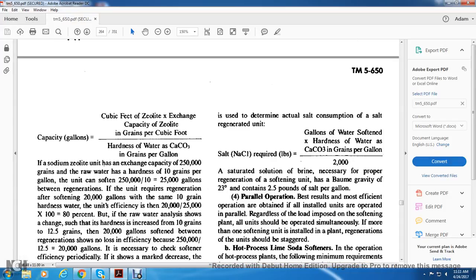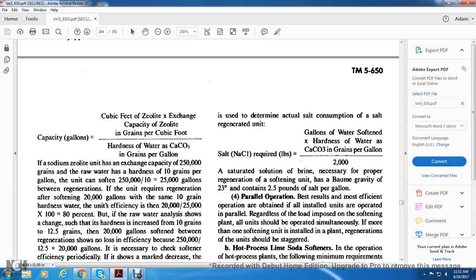Our capacity in gallons is equal to cubic feet of zeolite times the exchange capacity of zeolite in grains per cubic foot, divided by the hardness of water as calcium carbonate, CaCO3, in grains per gallon. A sodium zeolite unit with an exchange capacity of 250,000 grains and raw water hardness of 10 grains per gallon will soften 250,000 divided by 10, or 25,000 gallons between regenerations.